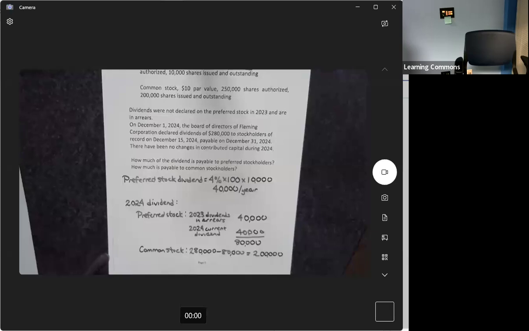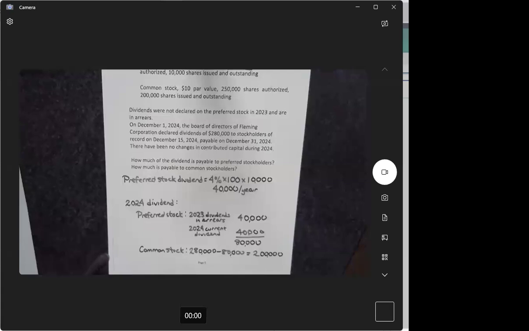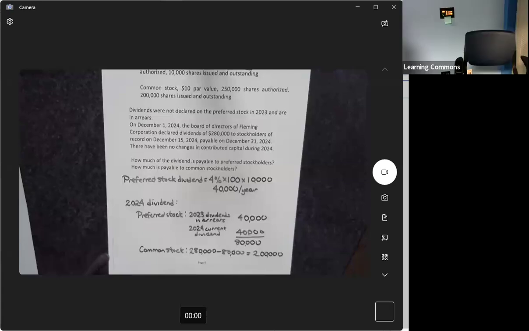Any questions at all about dividends when we're splitting it between preferred stock and common stock? All right. Well, then one last thing.